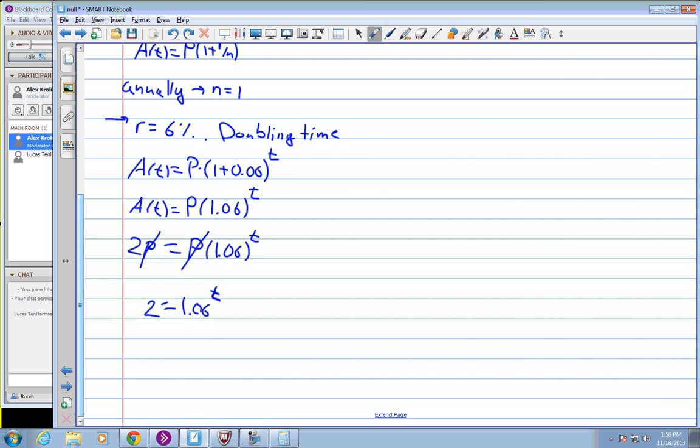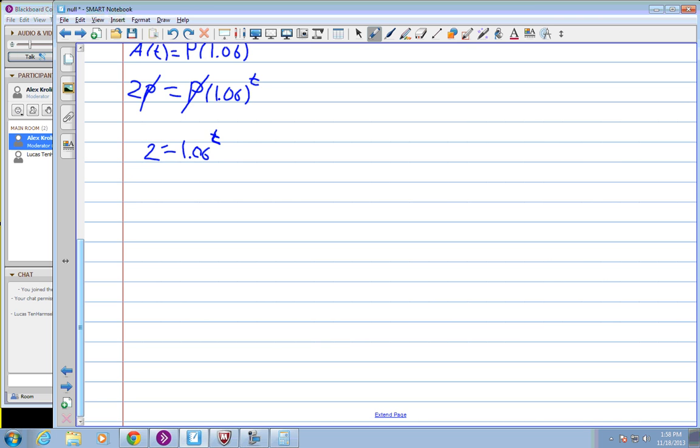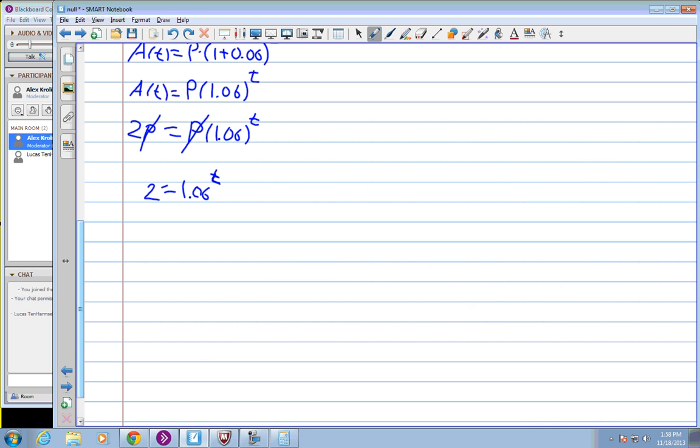Well, now how would we solve that equation? We need to solve for t. Whatever we find for t will be the doubling time. Sure, so log, natural log, doesn't matter. I like natural logs. What that does is bring t down. So then t equals ln of 2 over ln of 1.06. And I can plug that in my calculator.